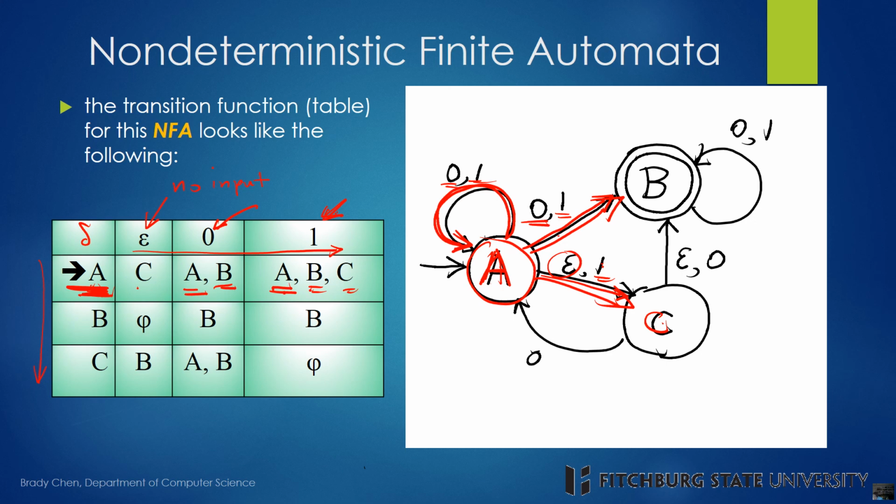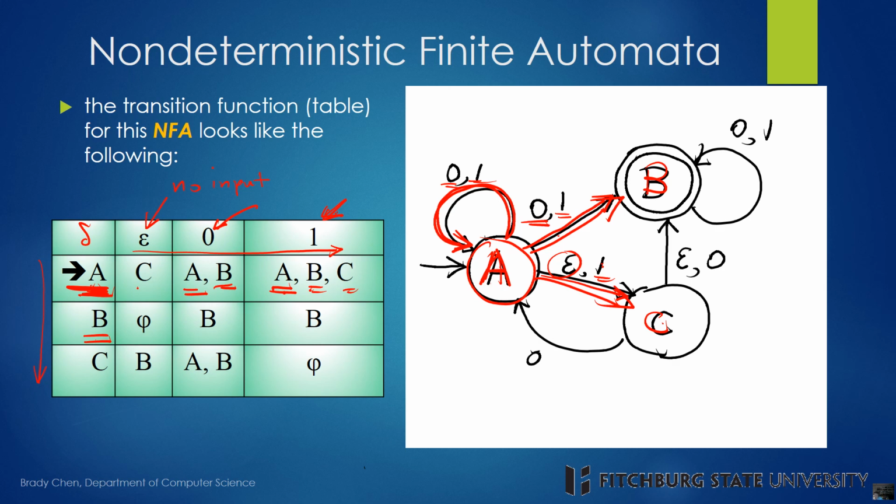Now let's take a look at the next state, B. If the current state is B, and if the input is epsilon, so that means there's no input.